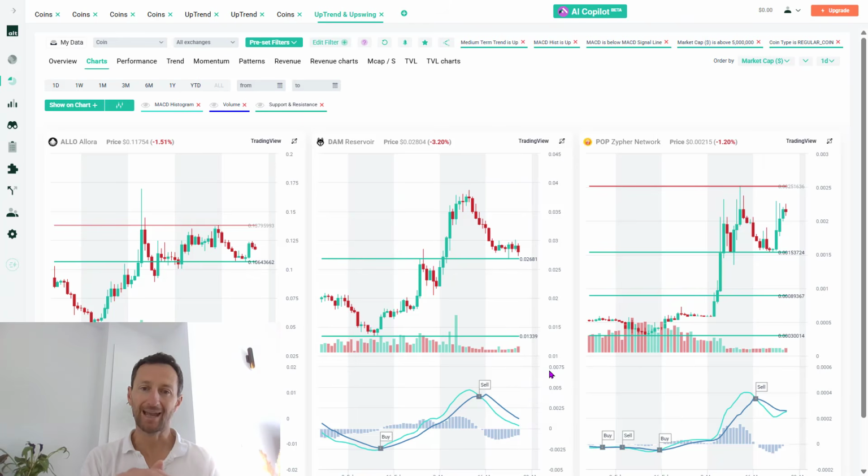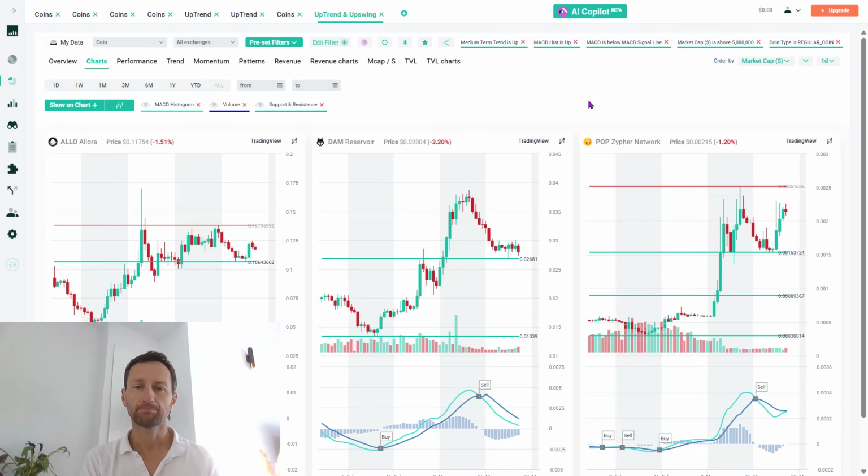So it looks like it has found the support, which previously acted as resistance here. Once the resistance is broken, it becomes support. So this looks like an asset that could or has found support at this level and is already inflecting. Similarly here with Aurora, although that has already kind of bounced. So these are the 3 assets.